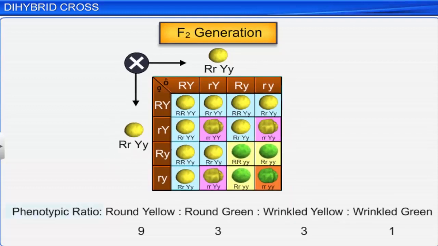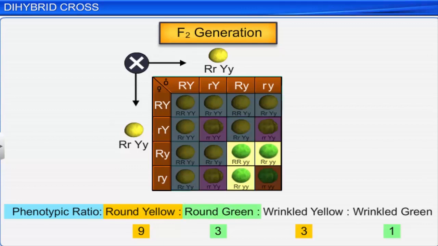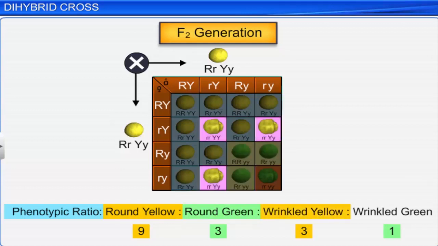Mendel also found that the phenotypic ratio in the F2 hybrid was 9:3:3:1. That is, there were 9 round yellow seeds, 3 round green seeds, 3 wrinkled yellow seeds, and 1 wrinkled green seed.